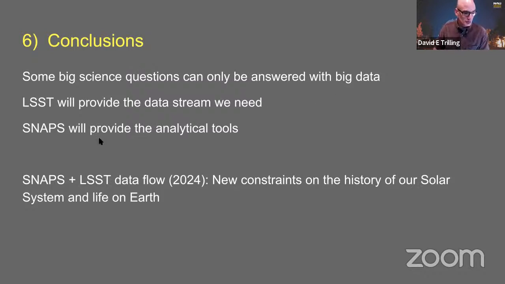So between the two, SNAPS plus the LSST data flow, which will be by 2024 at the latest, we can place new constraints on the history of our solar system and of life on Earth. Thank you very much. I appreciate your coming to this talk.